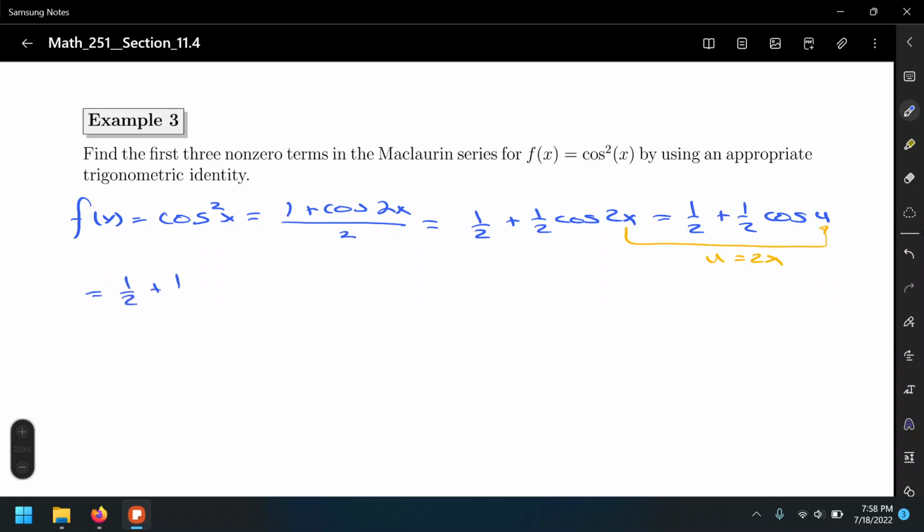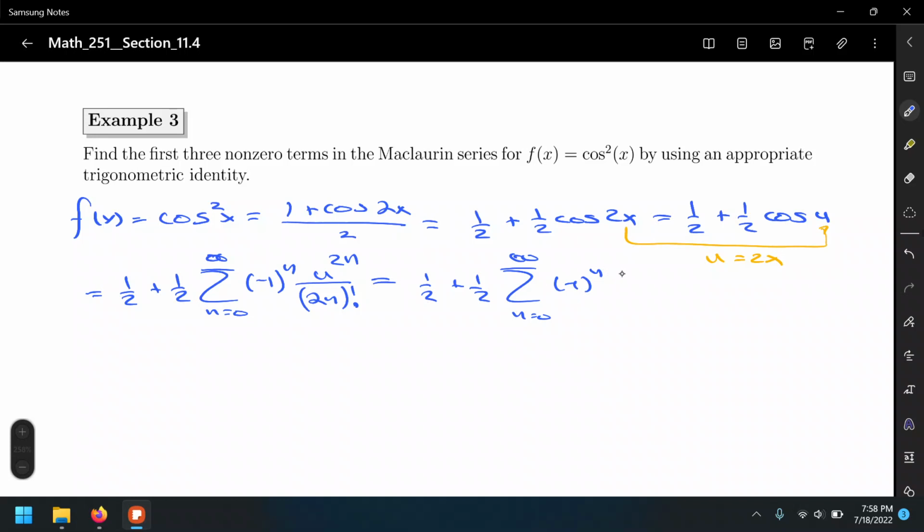So that's 1/2 plus 1/2 sigma n equals 0 to infinity, and that's a -1 to the n u to the 2n over 2n factorial. And we'll go back, substitute for u, that's 1/2 plus 1/2 sigma n equals 0 to infinity, and well, this will be -1 to the n, that's a 2x to the 2n over 2n factorial.